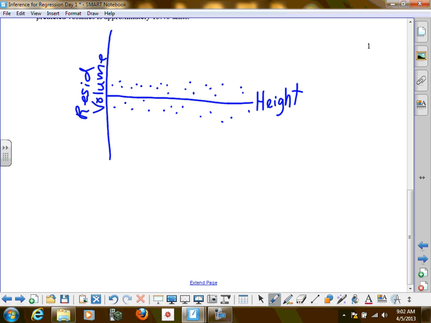These residuals also follow the normal curve. These residuals also follow the normal curve about the predicted line. If this is the predicted line, that's the quote-unquote mean. Watch this. I'm going to draw our normal curve as if that predicted line is your mean.